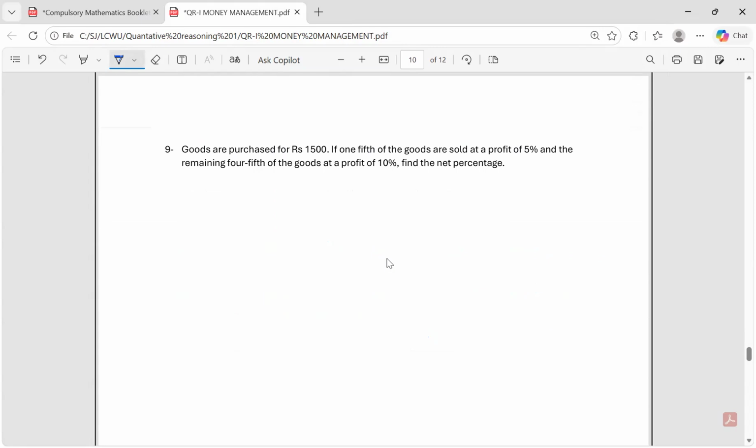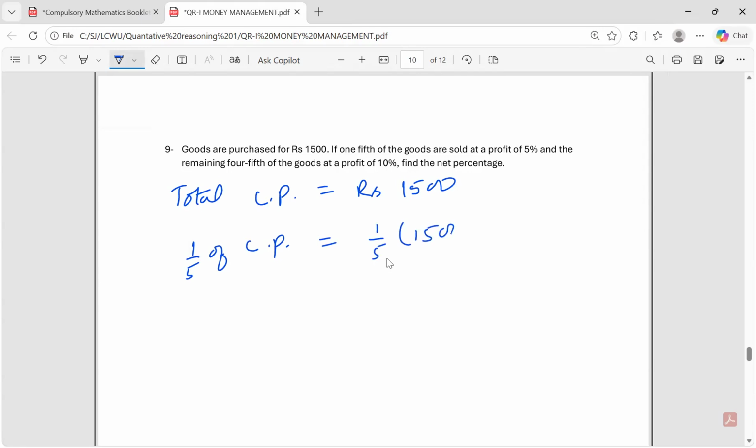So first 1/5 are sold at a profit of 5%. The total cost price is 1500. 1/5 of the cost price is equal to 1 by 5 multiplied by 1500, which is 300.